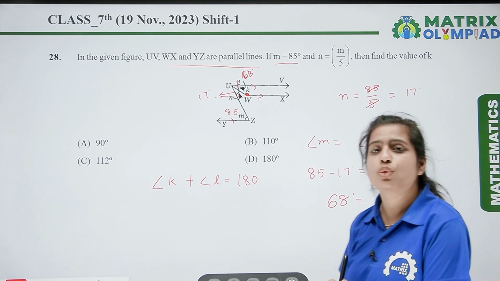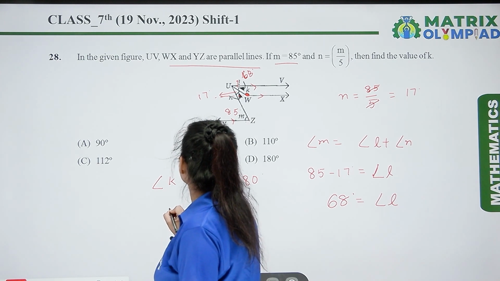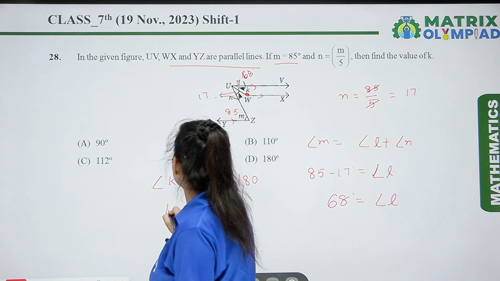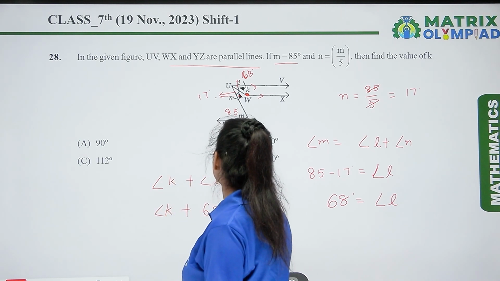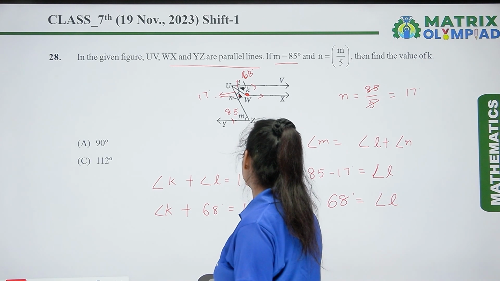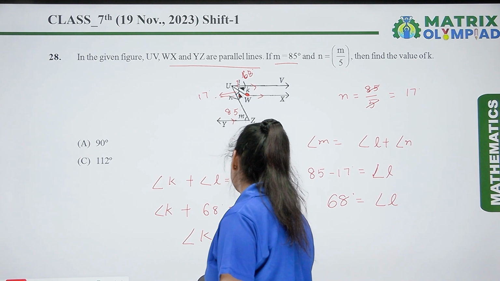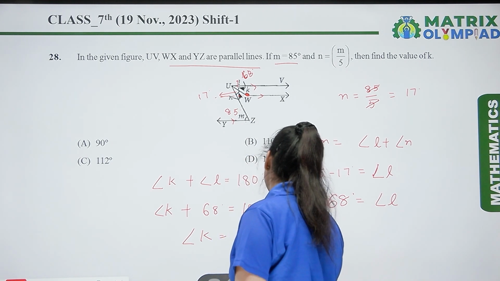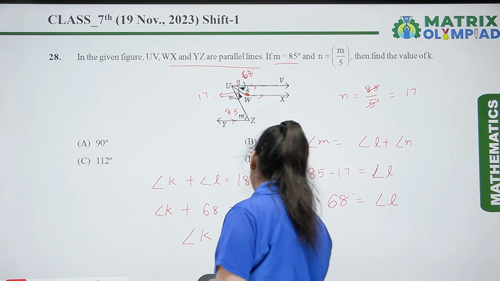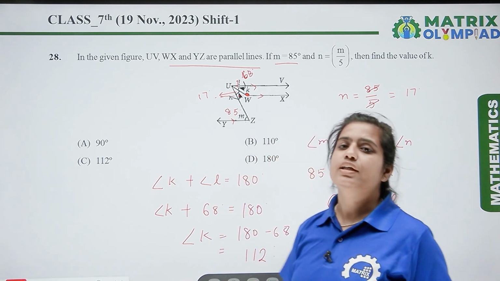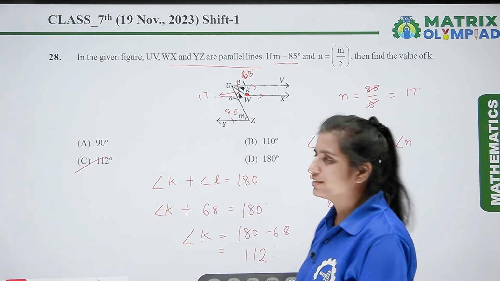So according to the co-interior angle property, angle K is unknown to us and angle L is 68 degree. Here we have 180 degree. So the value of angle K is 180 degree minus 68. So here we get 112 degree. So according to the question, option C is the correct answer.